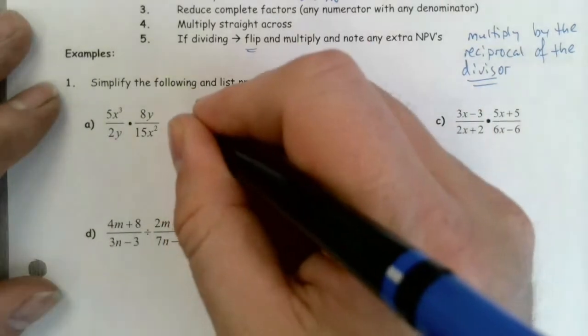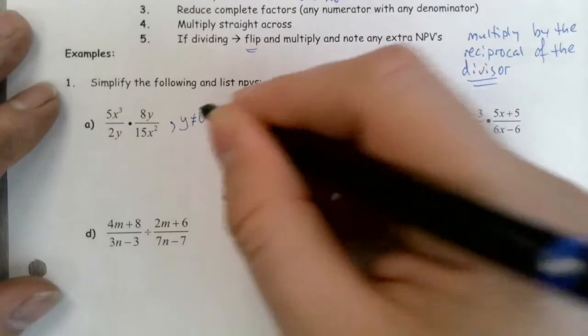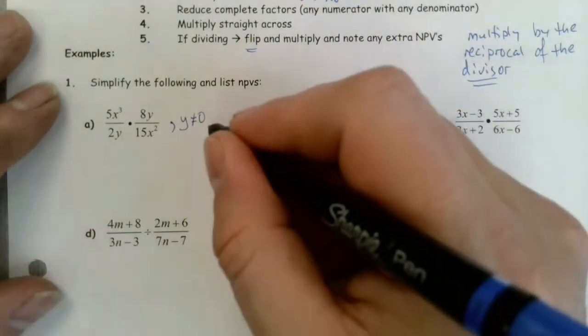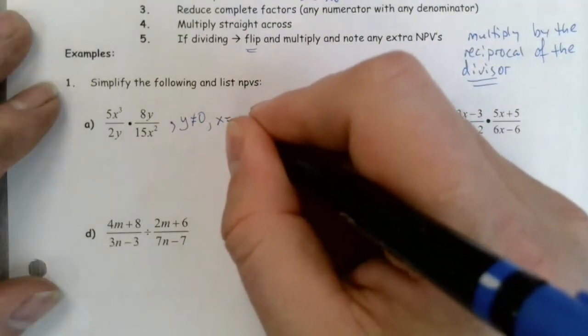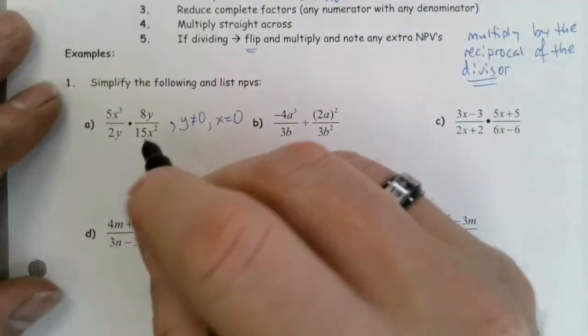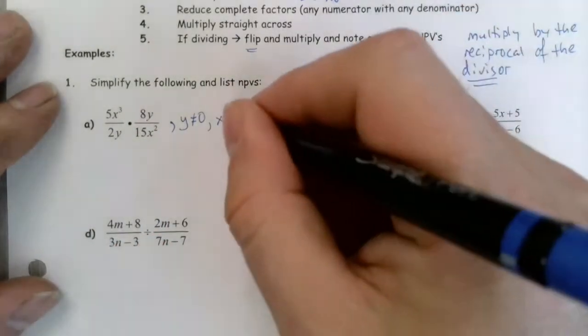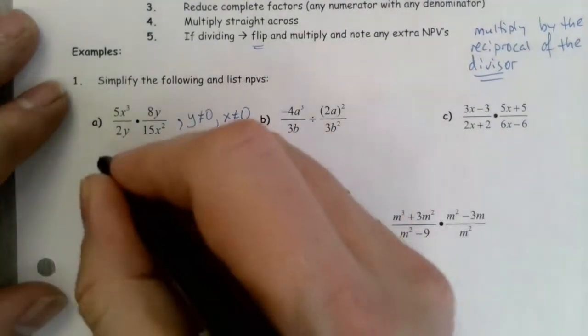Well, if y is equal to 0, then 2 times y is 0, and I'm dividing by 0, and I can't allow that. So I can't allow y to equal 0. Same thing over here for the x squared. I can't let x go to 0. If x goes to 0, then x squared becomes 0, so does 15 times x, and then I'm dividing by 0, and I can't allow that. So those are my non-permissible values here.